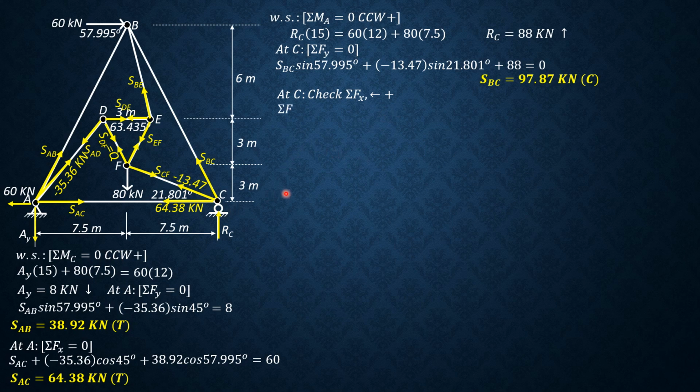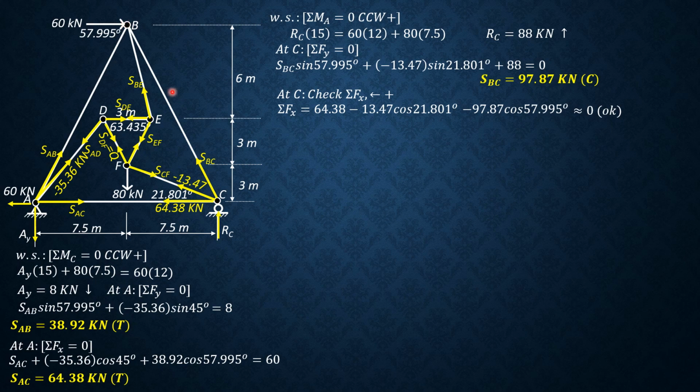So we have 64.38 plus negative 13.47 cosine 21.81 plus SBC, which is negative 97.87 cosine of 57.995. So calculating, that's almost zero, so that means okay, it is balanced horizontally. So there is still a remaining joint.